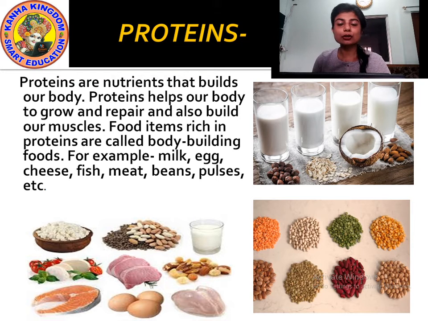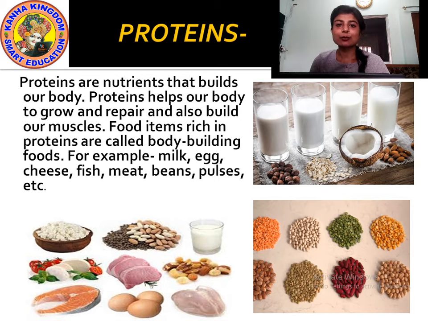For the growth of our body and various different metabolism and functions in our body, we need what? We need protein. We need protein in our food, and these proteins help our body to grow and repair and also build our muscles.